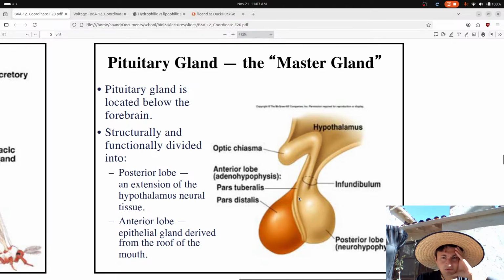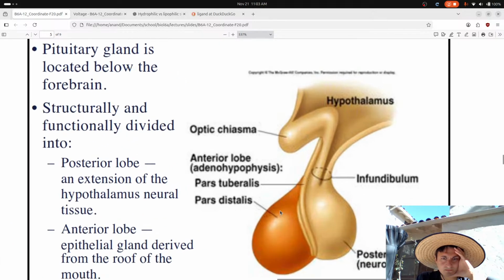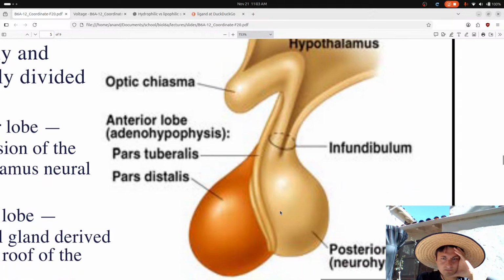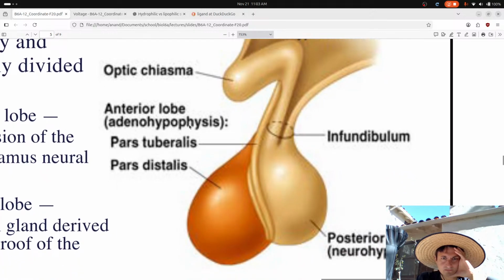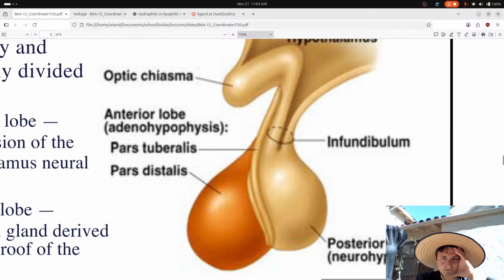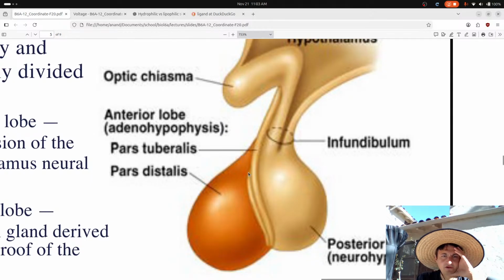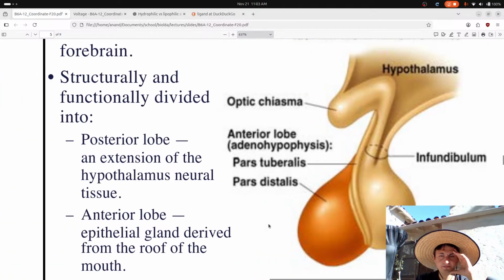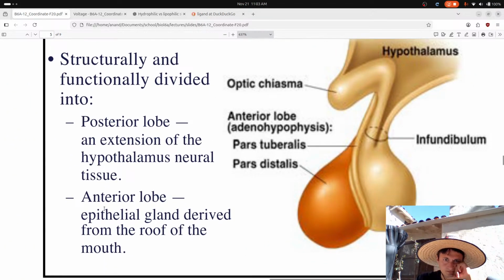Whoa. I don't understand. The anterior lobe is pointing to... Okay, this is the anterior lobe, and this is the posterior lobe. Okay, fine. Okay, I see.